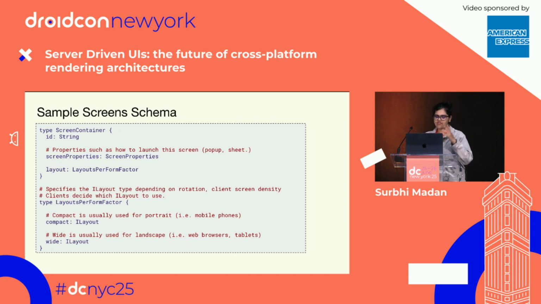So these are form factor things, and we'll talk about the layout interface next, but you can basically specify different layouts for landscape, portrait, or whatever other client screen density or form factors that you want. So all of these things have to be sent back with screens because it should be renderable in these different configurations.